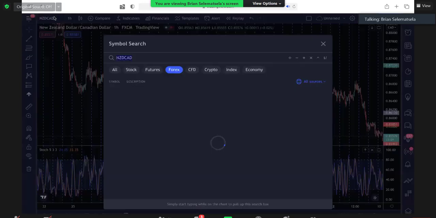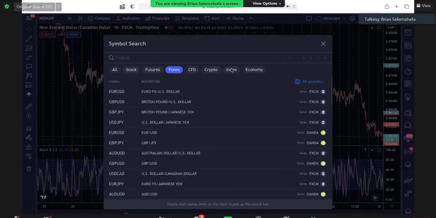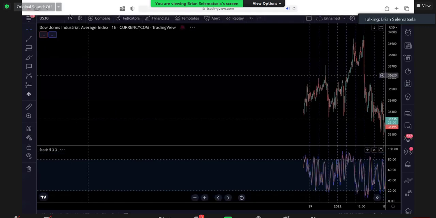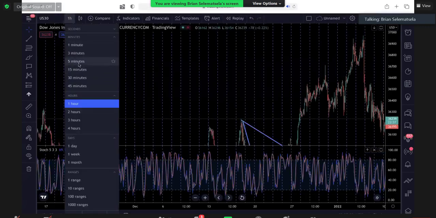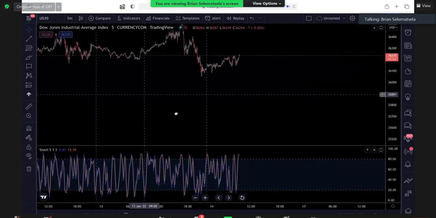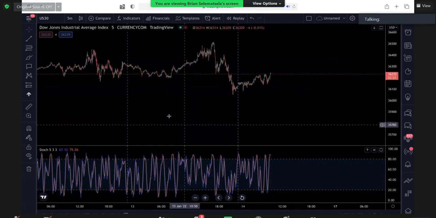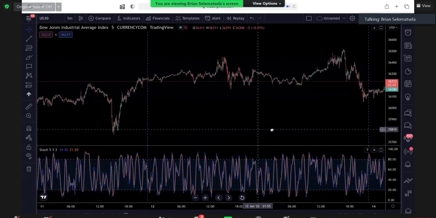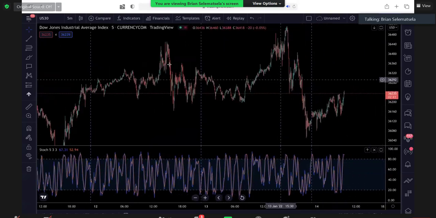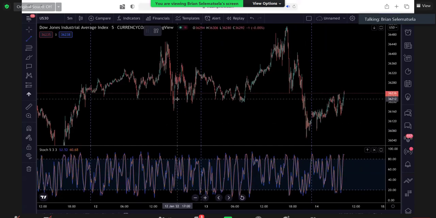So like I said, it doesn't matter which time frame. Let's try US 30. Which time frame? We can even try 5 minutes and see what we're looking at. I mean, the market has been very good here because I'm seeing a lot of hints here, for both sellers and buyers.